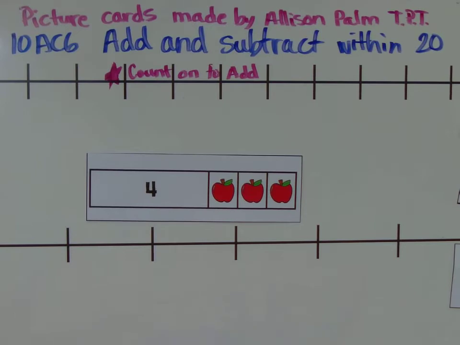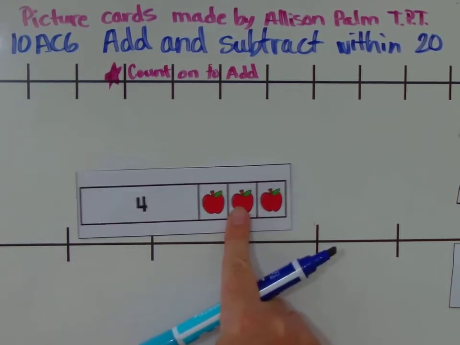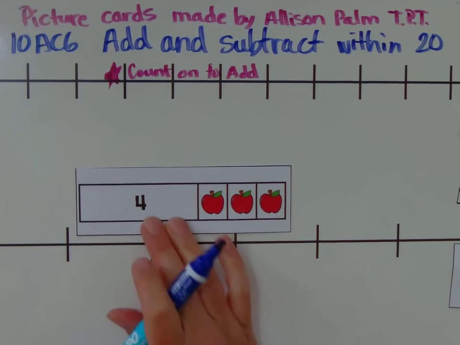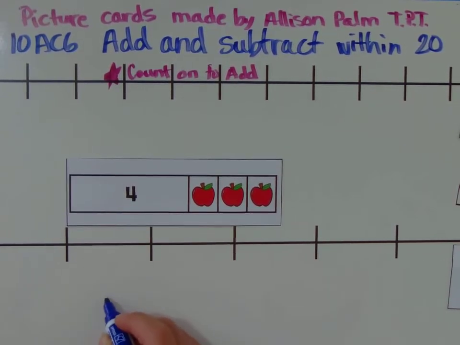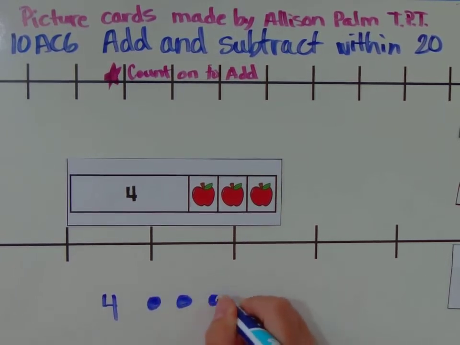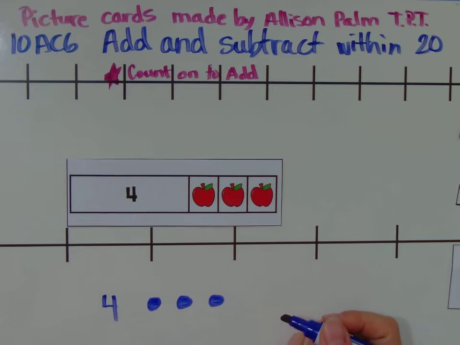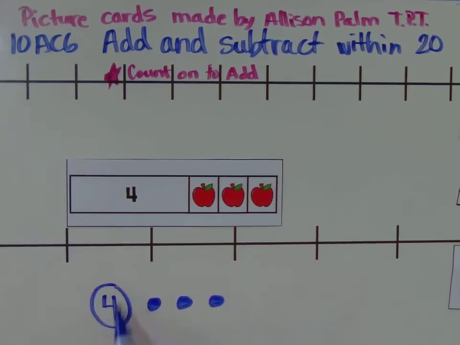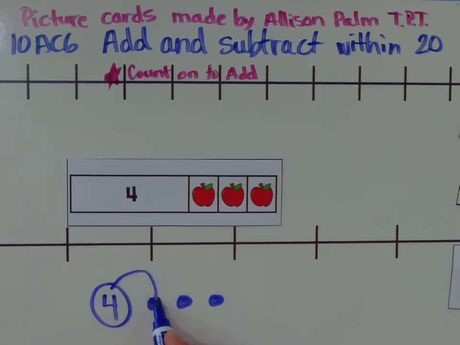Here we have the number 4, and we have 3 more apples. So on your paper, you're going to write the number 4 and make 1, 2, 3 dots to count on to add. We start with the number 4, and then we make our jumps after the 4. So here we have 4, 5, 6, 7.